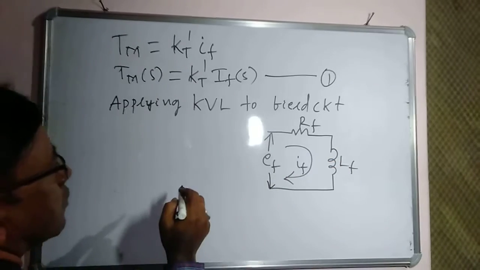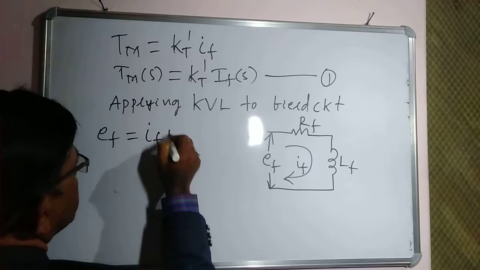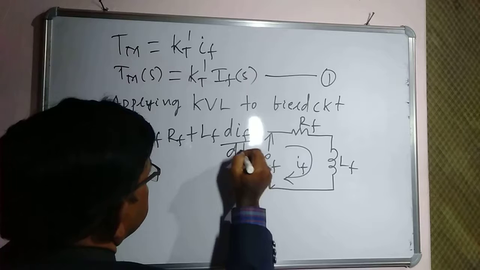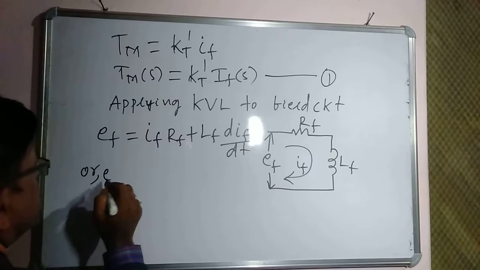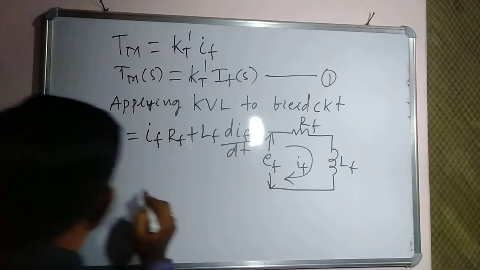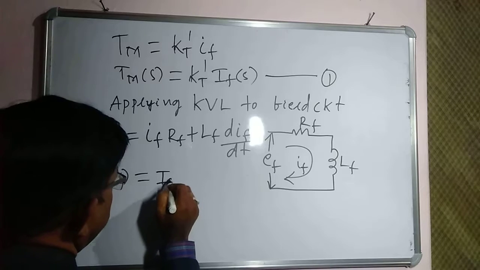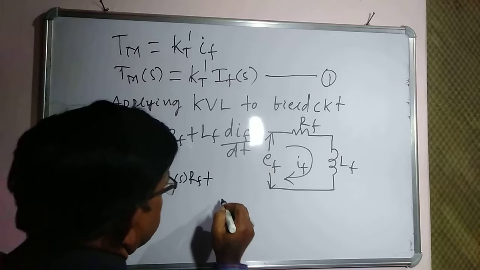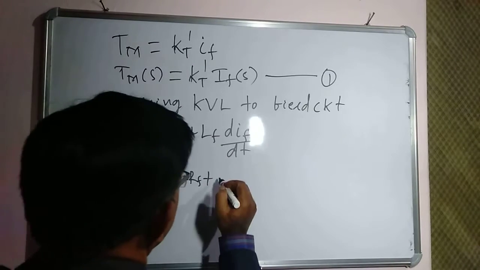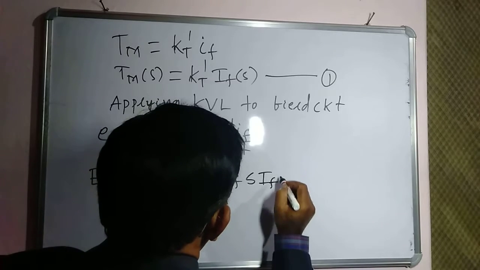So we can find out the field equation, that is Ef is equal to If into Rf plus Lf into dIf by dt, or now we can take the Laplace transform of this equation, that is Ef of s is equal to If of s into Rf plus Lf of s into If of s.